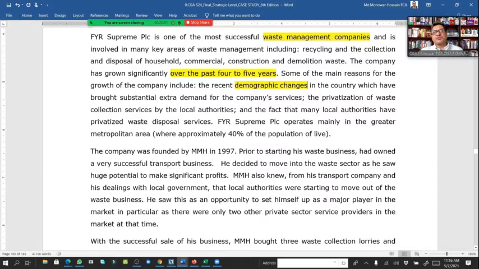FIR Supreme operates mainly in the greater metropolitan area, where approximately 40% of the population lives.